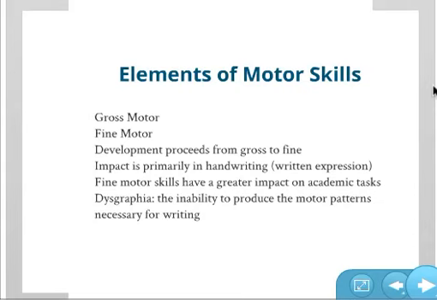Impact in school is often on handwriting or in written expression, and less so in reading. Fine motor skills have a greater impact on academic skills, often, than gross motor.